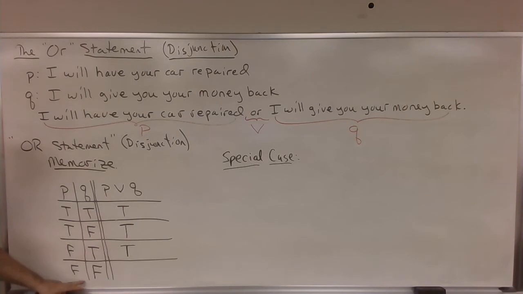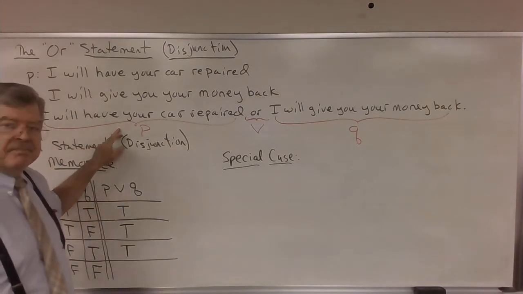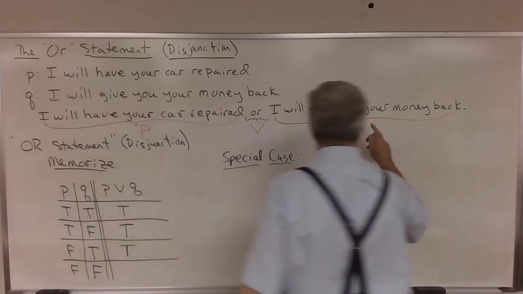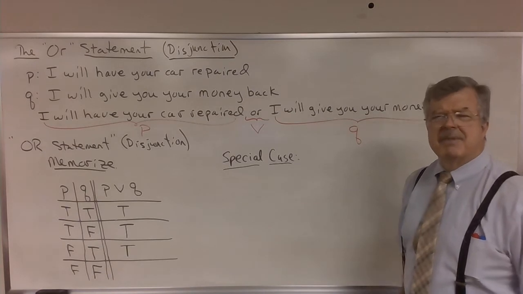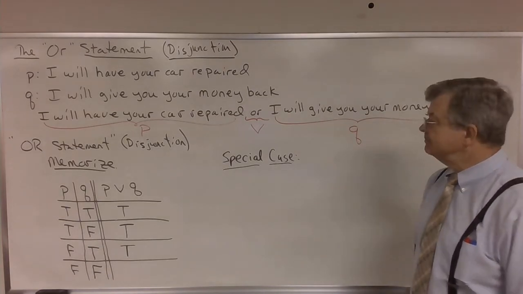Uh-oh. What happens if P and Q are both false? And I have false or false. I don't have the car repaired, so they want their money back, and I say, I'm not going to give you your money back. Take me to court.